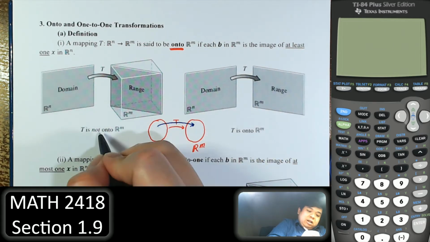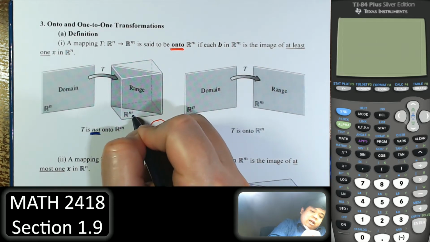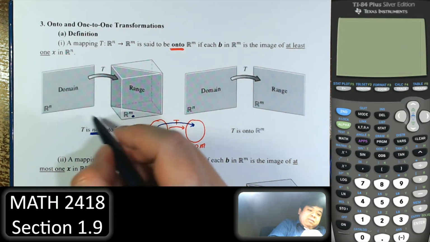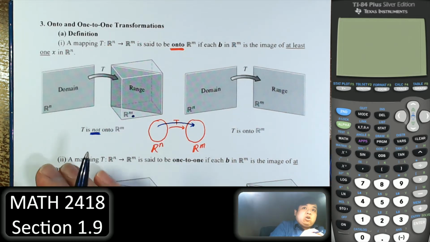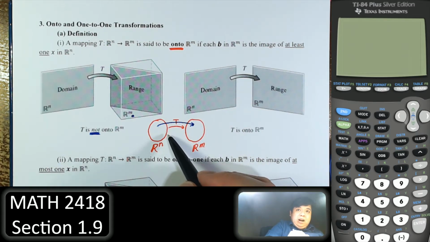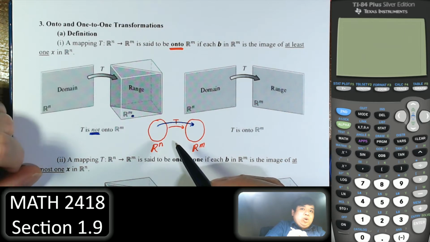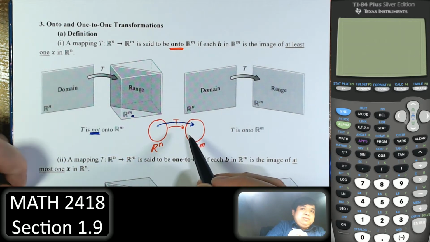So this is not onto, meaning there's a point in here that doesn't have anything going to it. So in that case, it is not onto. Onto means that every point in the target will have an arrow shooting to it, at least one.